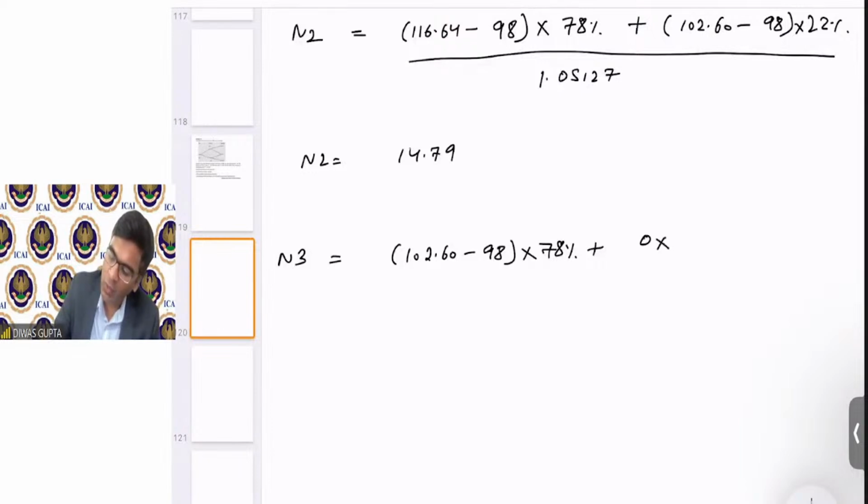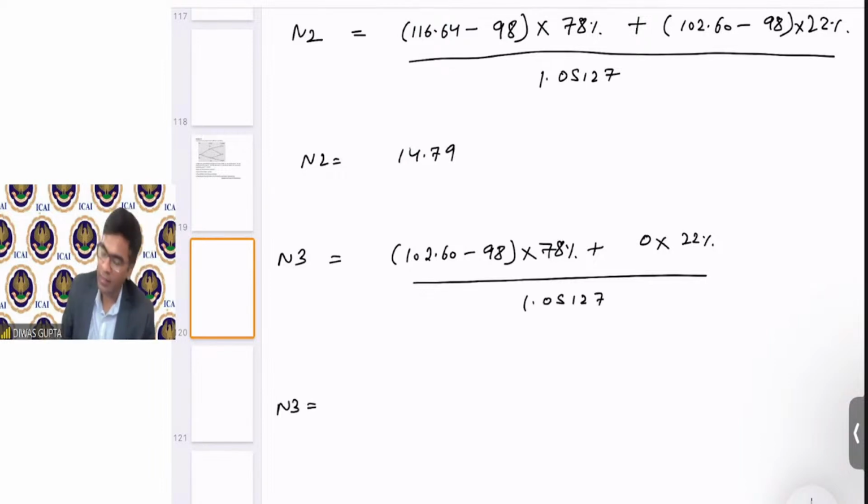Because it is below 98. 0 into 22%. Whole divided by again 1.05127. So the payoffs at N3 will become 3.41. Clear, students, till now? I hope this is easy and clear.